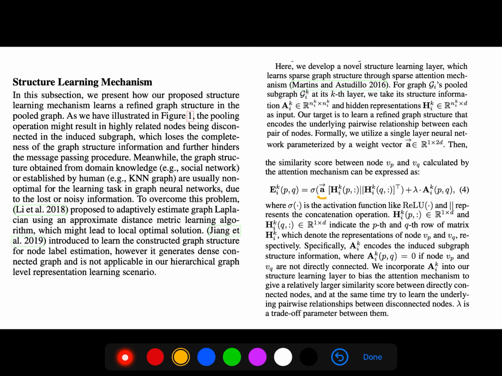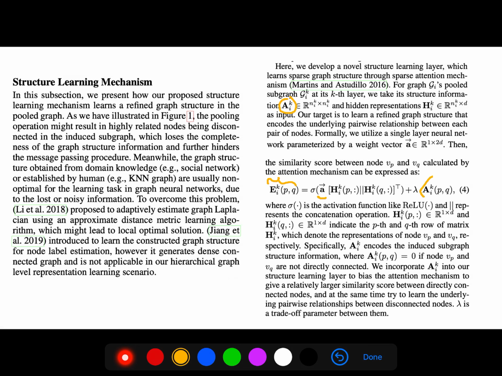So the similarity score between nodes p and q is calculated like this. Again, a is just the weight vector. We want to see the similarity score between the two nodes. And when we have the superscript k, it means that it is at the kth layer.